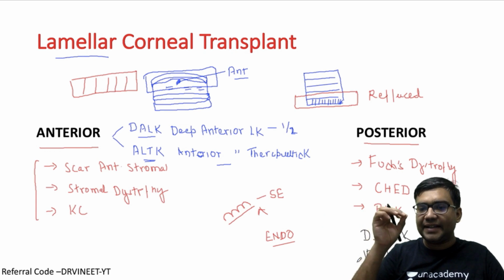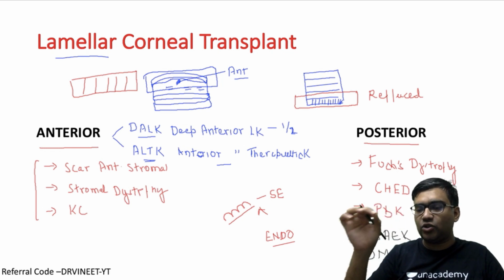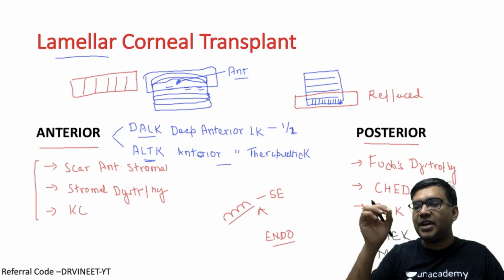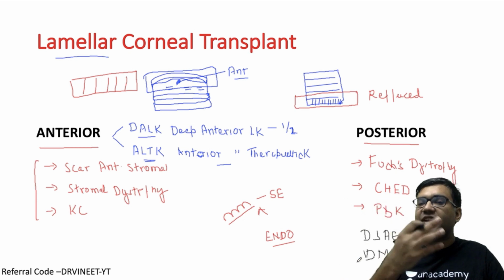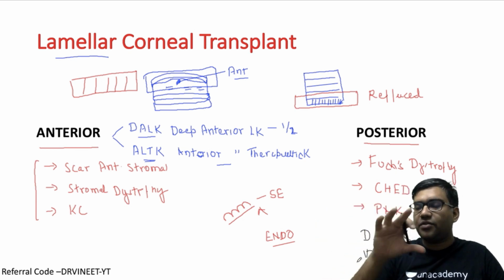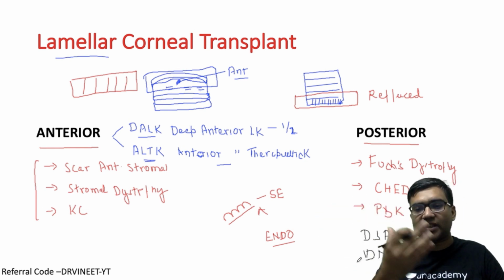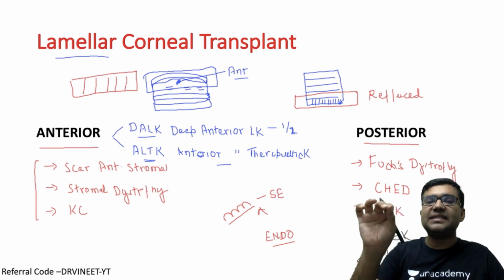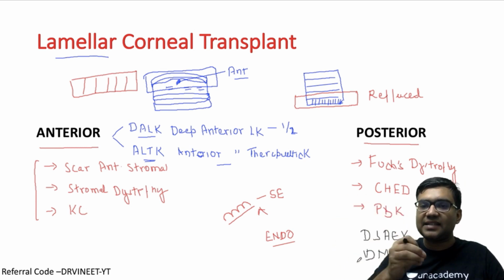I repeat, D is Descemet, S is stripping, A is automated, E is endothelial, K means keratoplasty, and DMEK is Descemet membrane endothelial keratoplasty. Okay, so basically the difference is the technique through which we do these two types of surgery. You do not have to go into the detail of what is DSAEK and what is DMEK at the UG level, but these are the various types of posterior lamellar corneal transplants that we do in the patient.